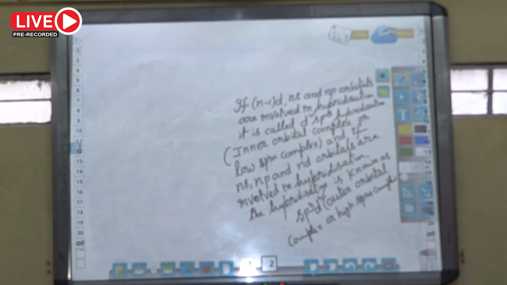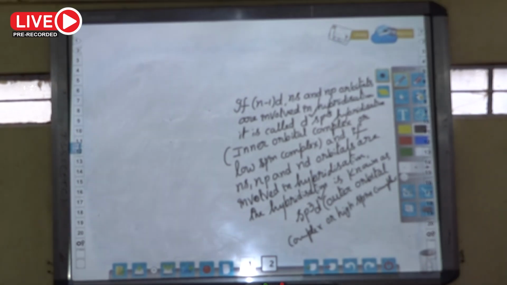So VBT in coordination compounds is very simple. The central metal atom or ion provides what? Vacant orbitals for bonding. The second point is that these vacant orbitals mix with each other and form vacant hybrid orbitals.